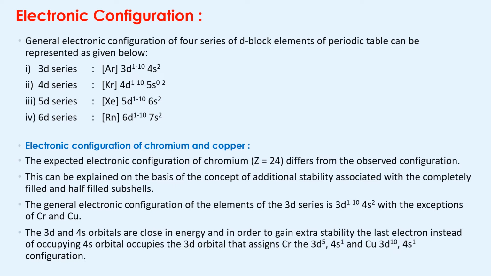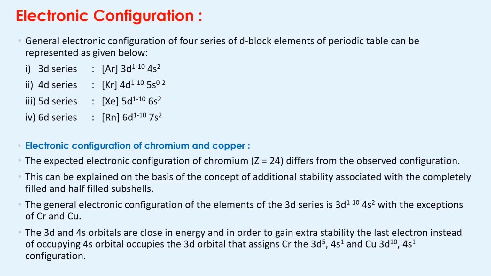It means the d subshell is half filled, so they attain additional stability. That's why chromium gets extra stability due to the half filled subshell.